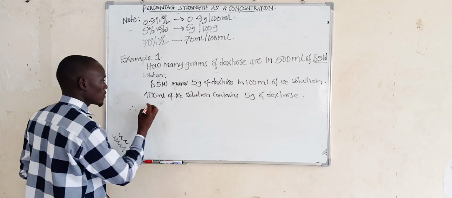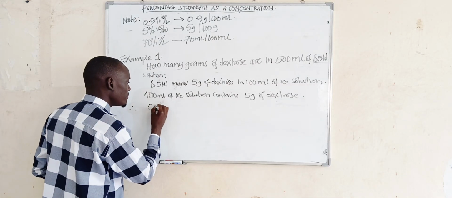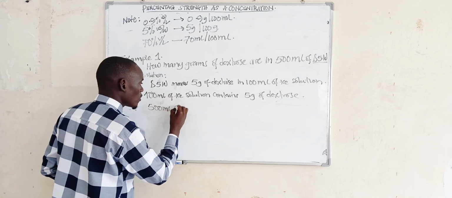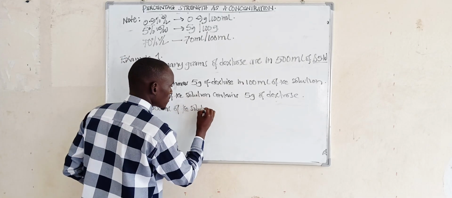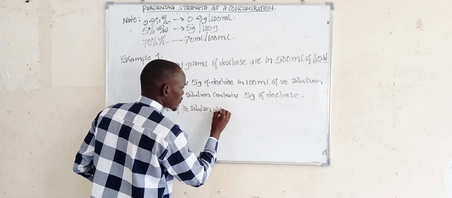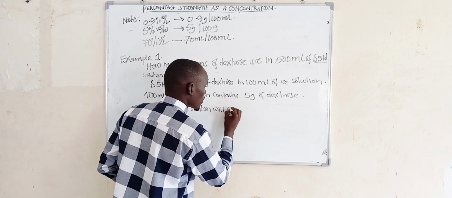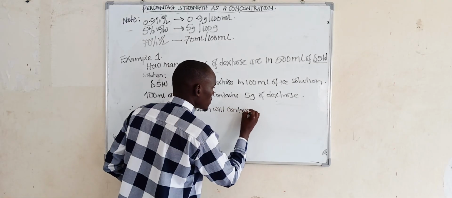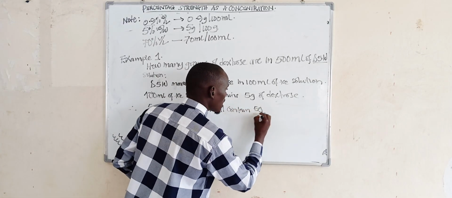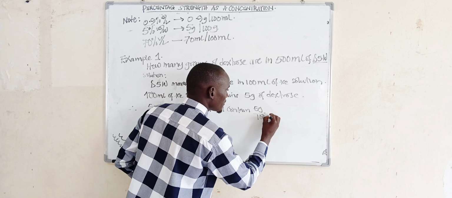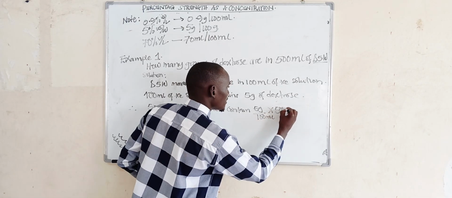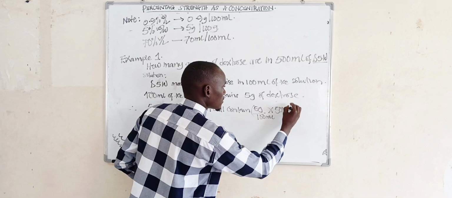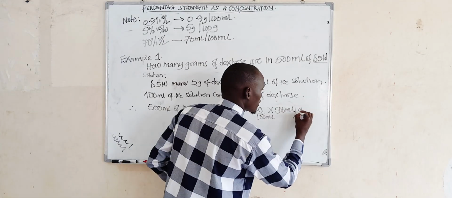Therefore, 500 mils of the required solution will contain 5 grams out of 100 mils times 500 mils of dextrose.